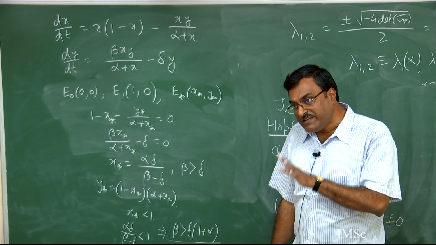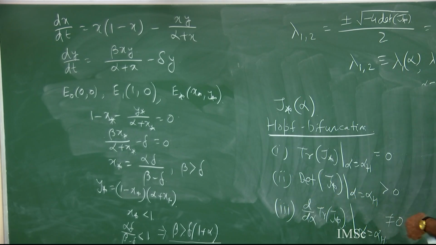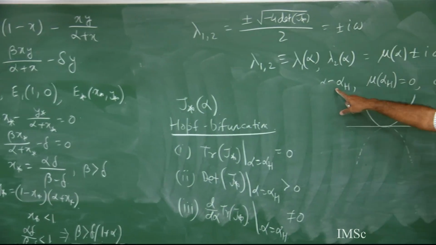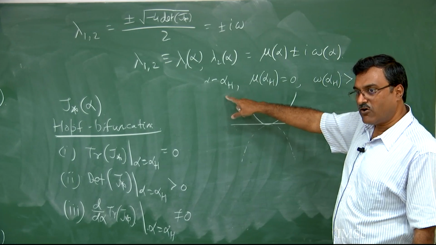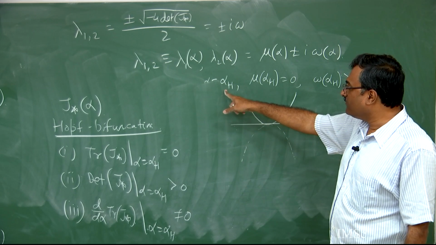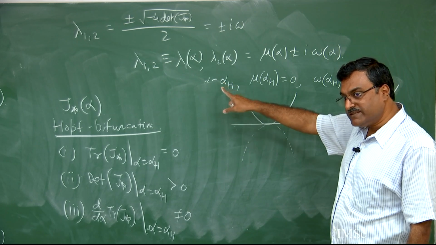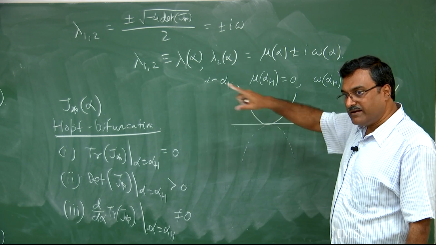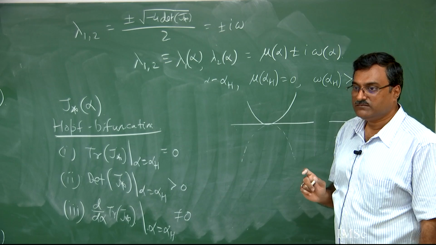This coexisting equilibrium point will be stable if alpha is less than alpha h or greater than alpha h, which you can derive, and at alpha equal to alpha h it loses its stability and leads to some oscillation in both the populations.